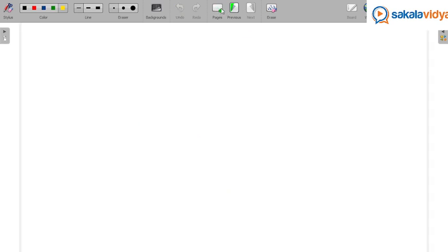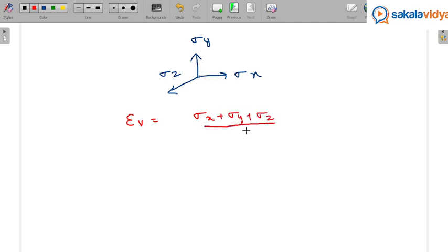After getting these three mutually perpendicular stresses, which is nothing but sigma x, sigma y and sigma z, what is our ultimate goal? Our ultimate goal is to find the volumetric strain. So sigma v is equal to sigma x plus sigma y plus sigma z divided by Young's modulus, multiplied with 1 minus 2 times of mu.